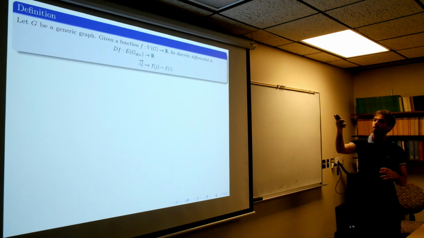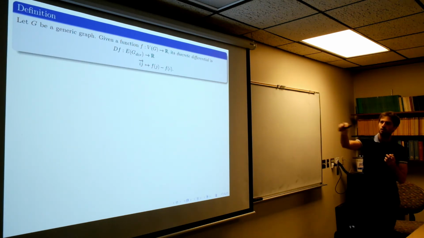So df. Let's consider a function f on the vertex set of the graph, a function f from V of G to R. Its discrete differential d of f is a function taking an arrow ij and assigning to it f of j minus f of i, right?